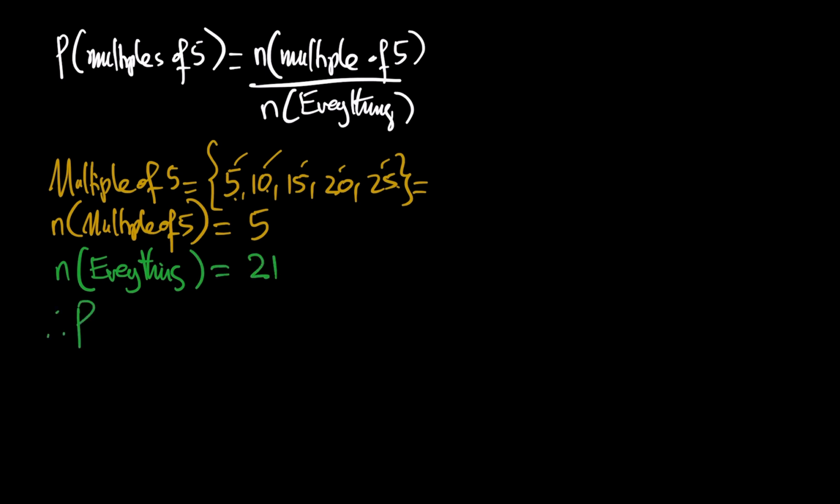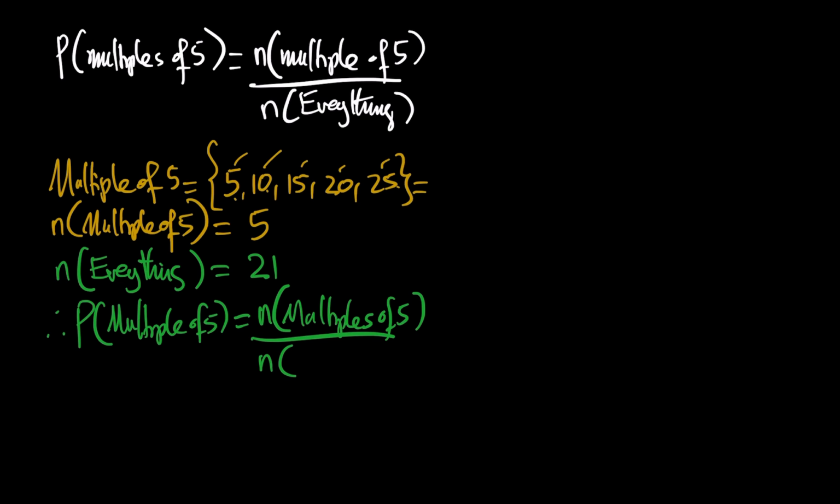Therefore, the probability of a multiple of 5 is given by the formula, the number of multiples of 5 divided by the number of everything, which is 5 divided by 21. That gives us our answer.